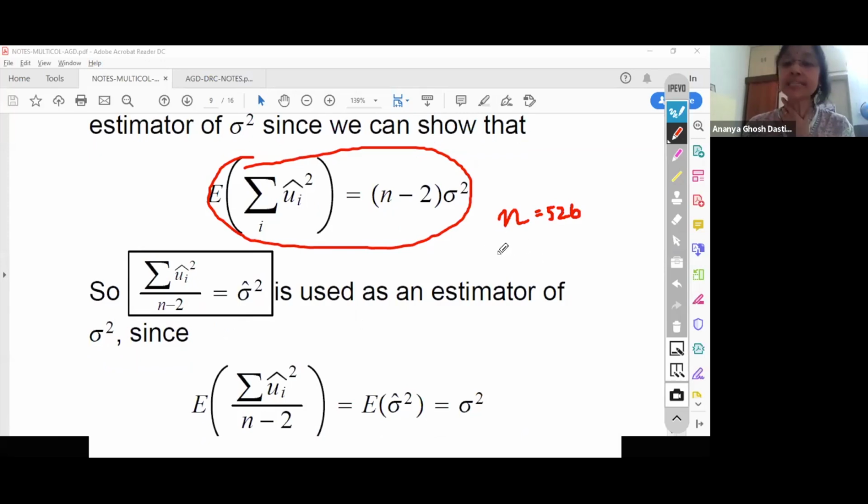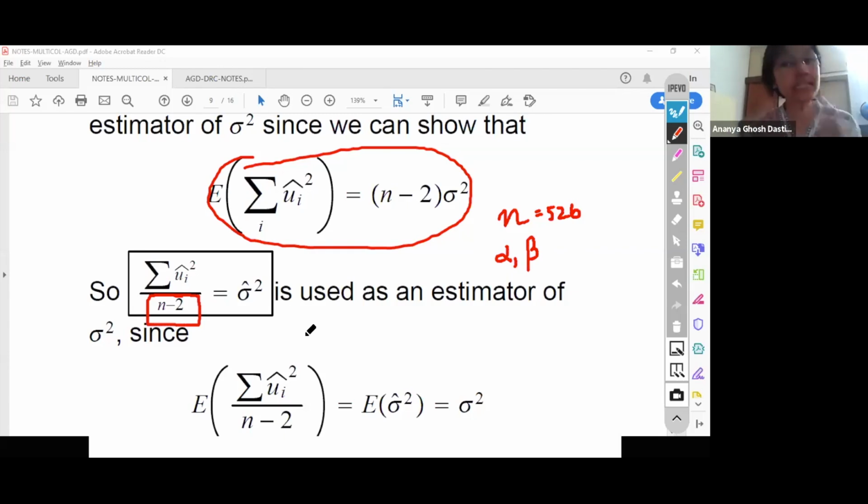And we are only estimating two unknown parameters. What are they? Alpha and beta. So the degrees of freedom is the total number of observations n minus the number of unknown parameters being estimated. So 526 minus 2, 524, is the degrees of freedom of my regression in the data.